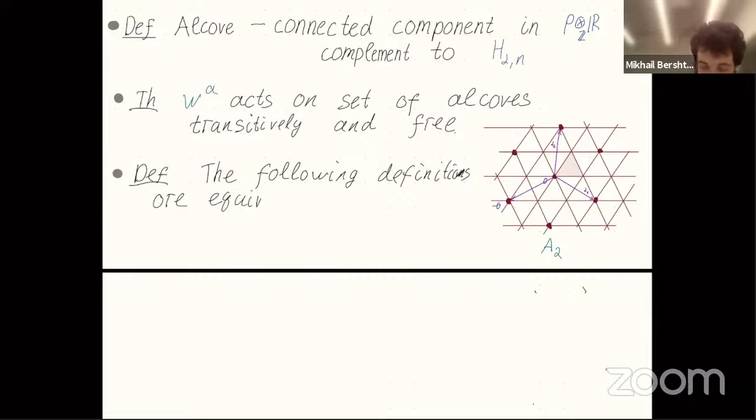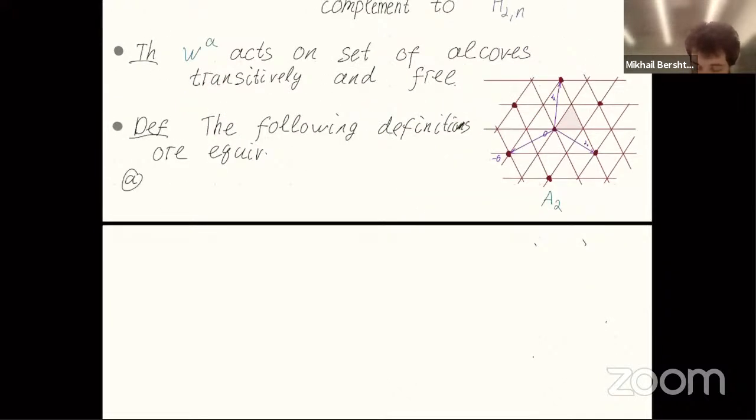A: the length of the element w is equal to k, where w is s_{i1} ... s_{ik}, its shortest expression.